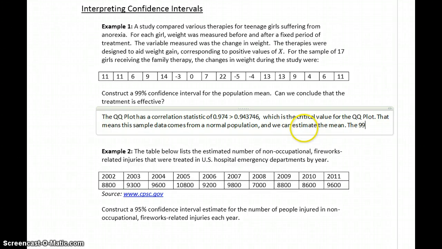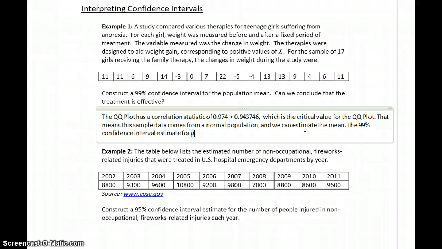So we can say the 99% confidence interval estimate for mu, that population mean, is 2.2057 to 12.3825.